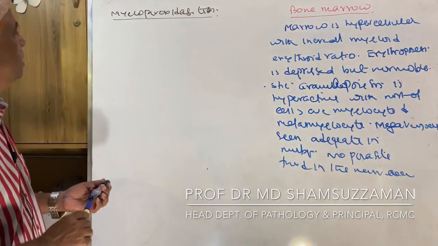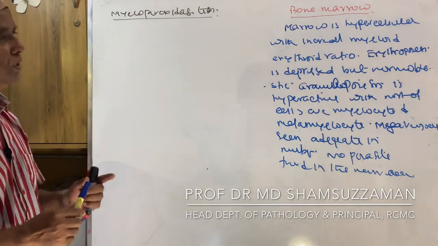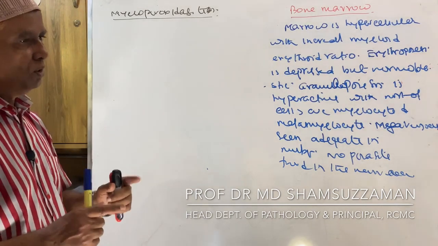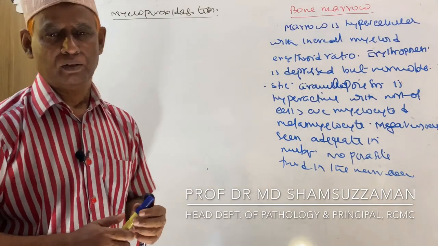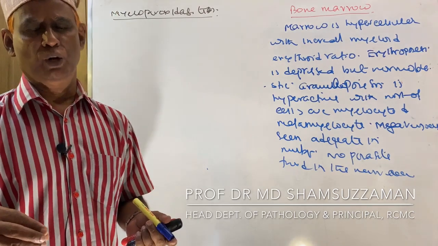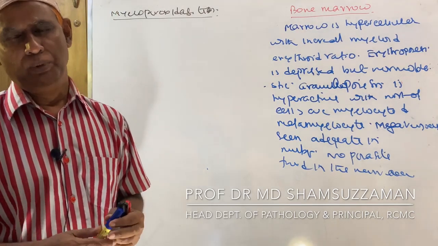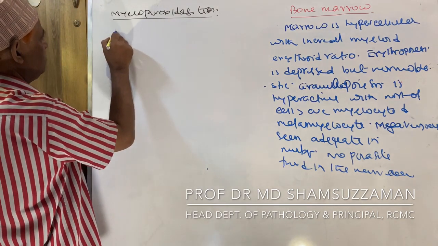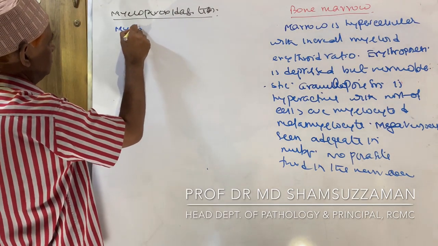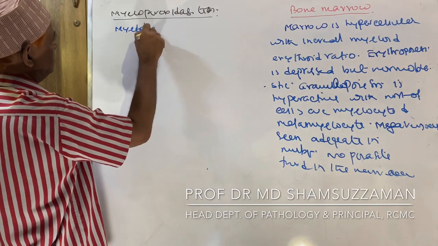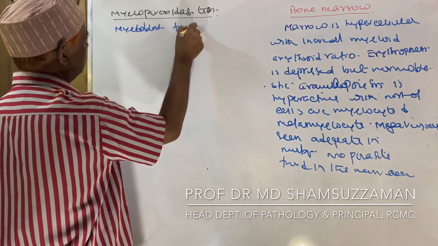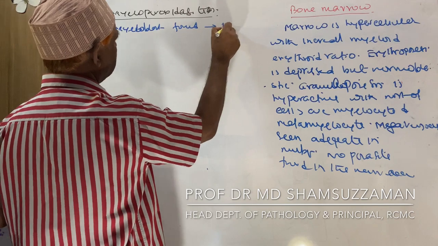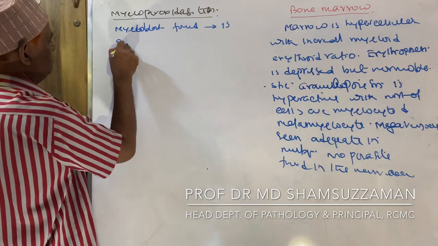So if we do myeloperoxidase test for chronic myeloid leukemia, the myeloblasts found along with the myelocytes and metamyelocytes will be peroxidase positive. So in case of CML, the few myeloblasts found are peroxidase positive.